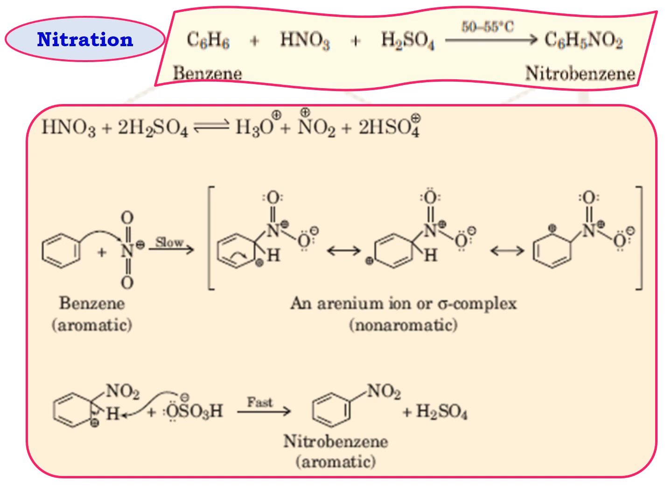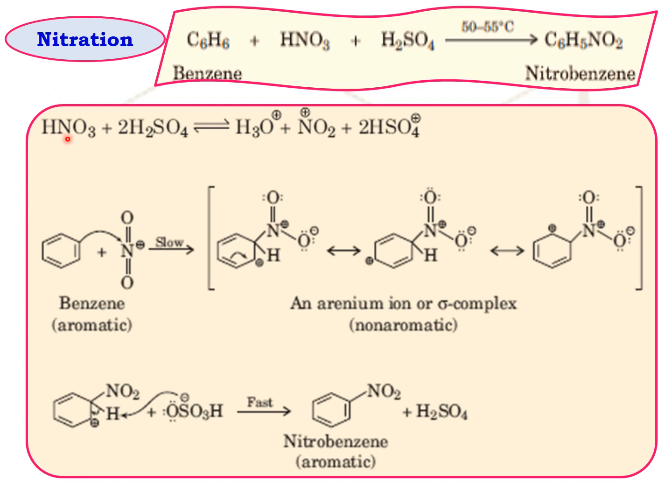Let us see the examples of aromatic electrophilic substitution reaction. The nitration is the first example we are going to see now. That is a reaction of an aromatic compound. For example, we have taken benzene here. The nitrating mixture is nitric acid and sulfuric acid.